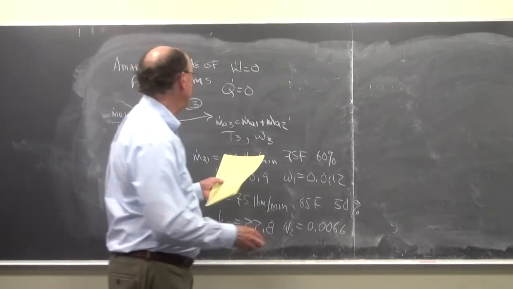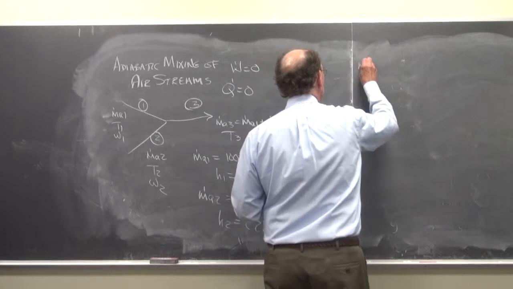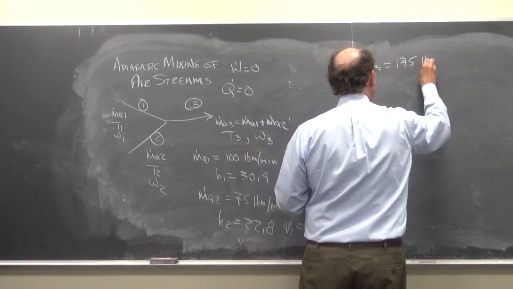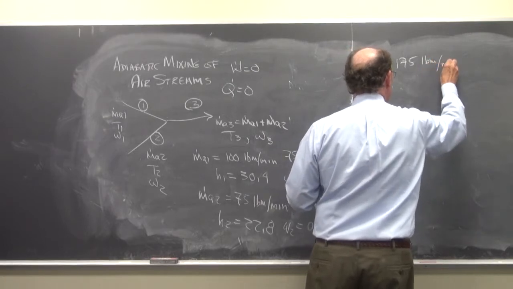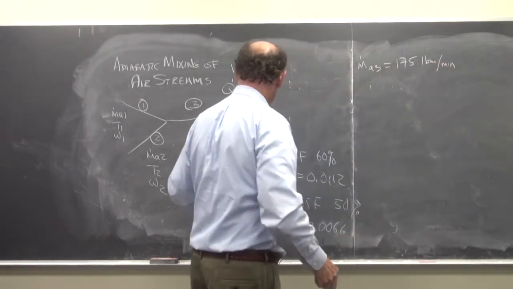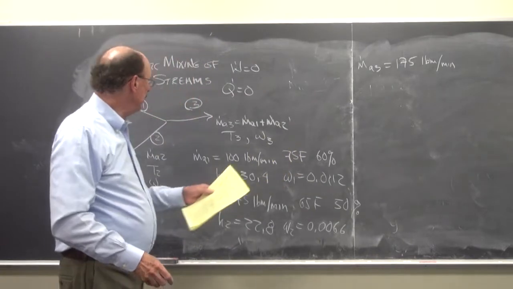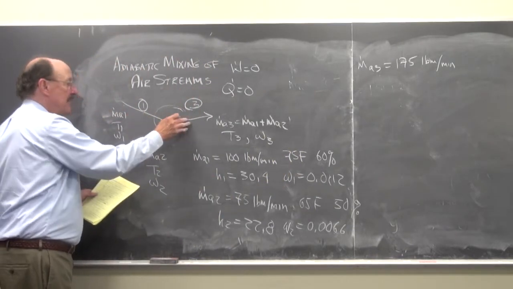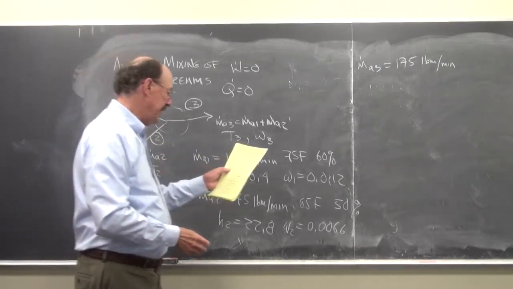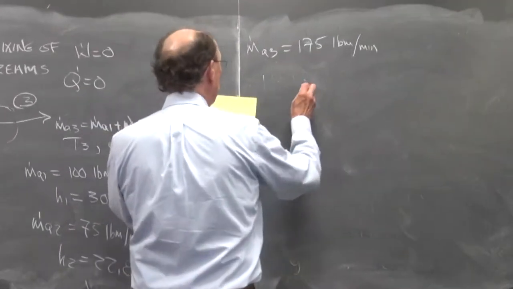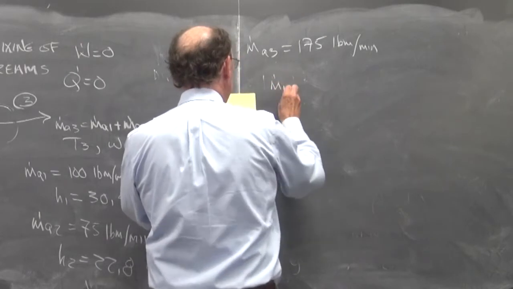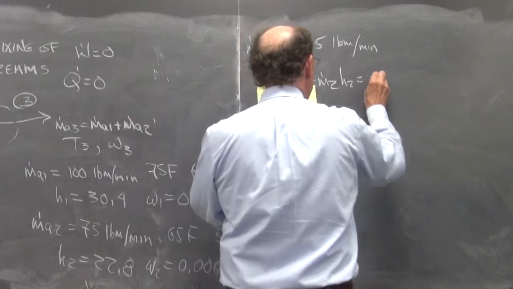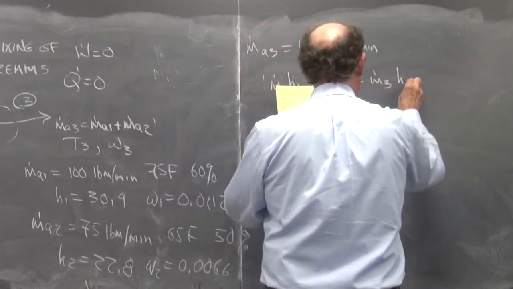And we see here that m dot A3 is equal to 175 pounds mass per minute. So we add the mass flow rates together as we indicated here. And now we do a first law analysis, with the stuff going in and stuff leaving. So I have m dot 1 H1 plus m dot 2 H2 is equal to m dot 3 H3.